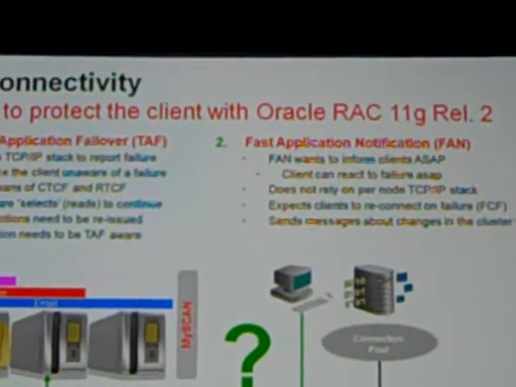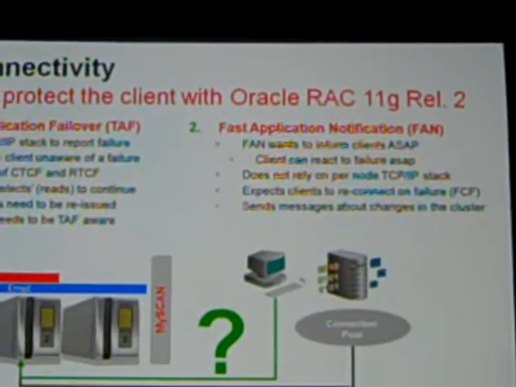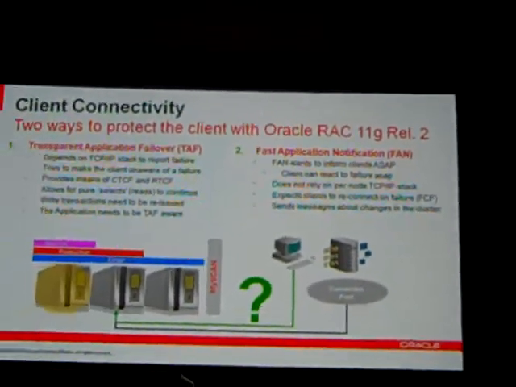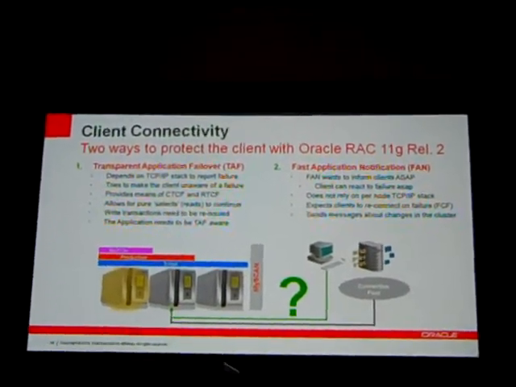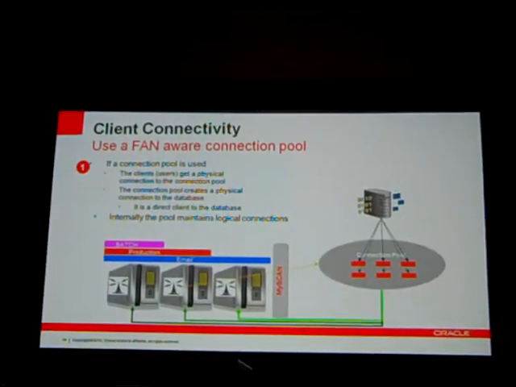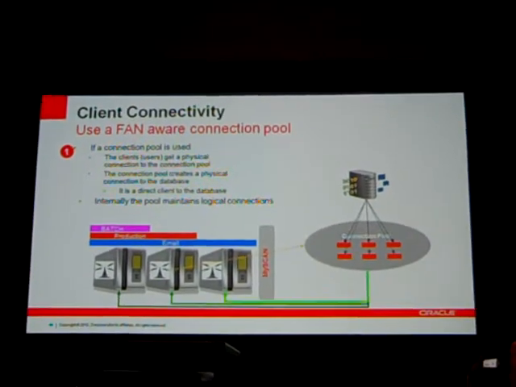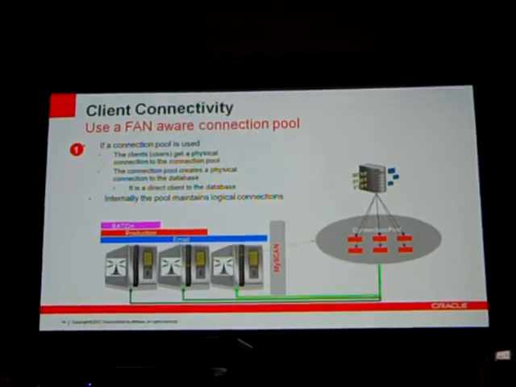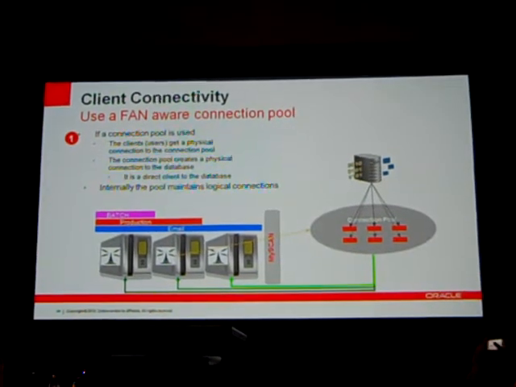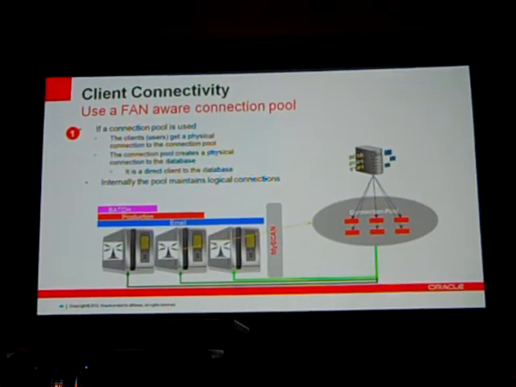FAN therefore is very suitable for indirect clients that connect through a connection pool. Because if your client is a connection pool, a FAN event can inform the connection pool that it should invalidate data, it should invalidate physical connections to the server, and it should not reconnect a logical connection to a physical one that just failed. So if you use FAN and you have connection pools and indirect clients, it's the ideal solution.